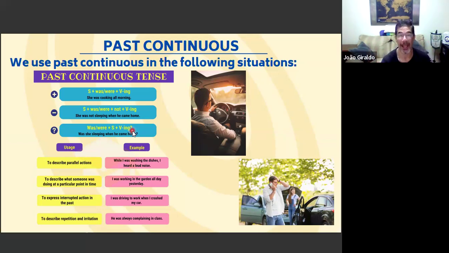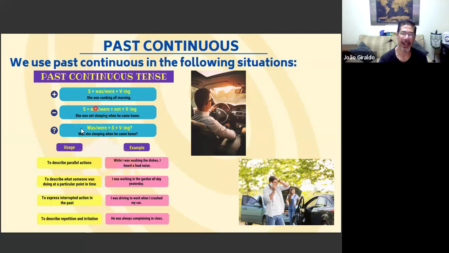So our structure is the subject, was or were, depending on the subject. If it's singular, was. If it's plural, were. And the verb in ing, complete the structure, and the complement of your sentence. In negative structure, equal situation, obligatory verb to be and verb in ing, but we add not to indicate your sentence is in negative form.